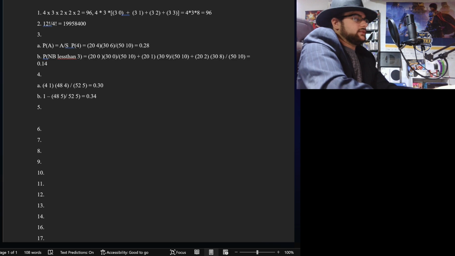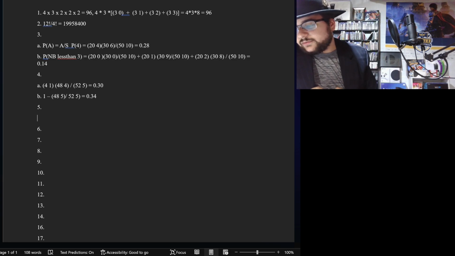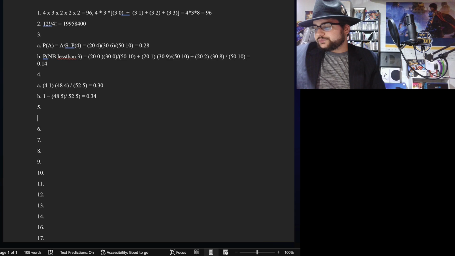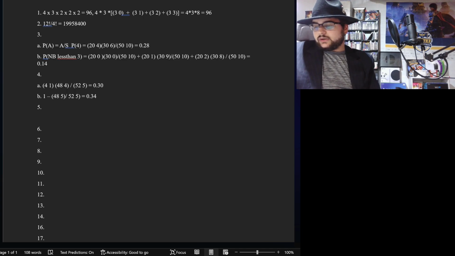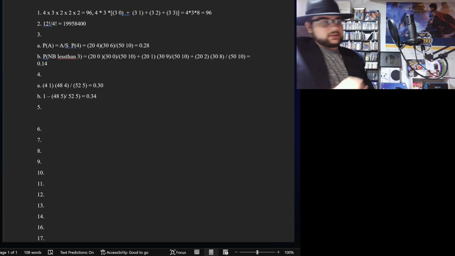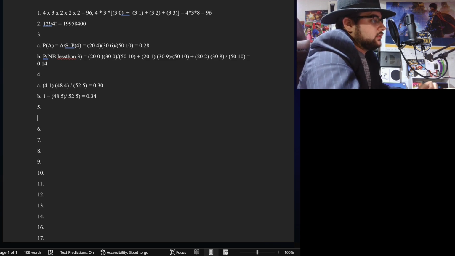Okay, problem 5. 5 cards dealt from a shuffled deck. What is the probability that the hand contains two aces, given that we know at least one ace is in the hand?